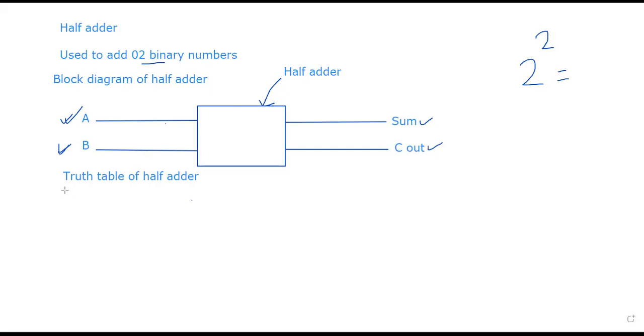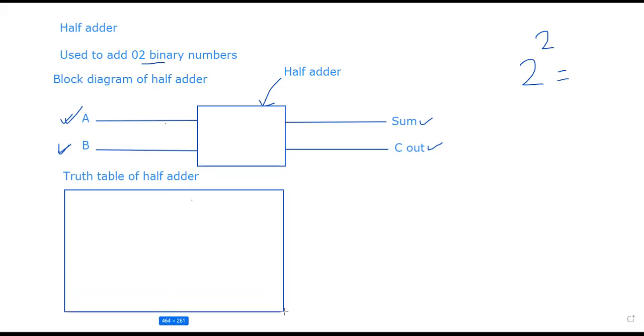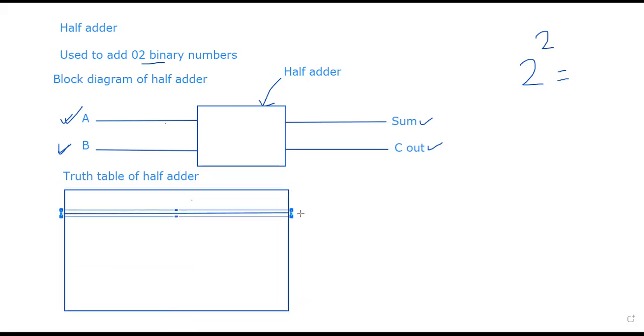We also have two outputs, sum and carry out. Let me draw it. This is going to be A, this is going to be B, then we draw sum, one of the outputs, and the final one is carry out.